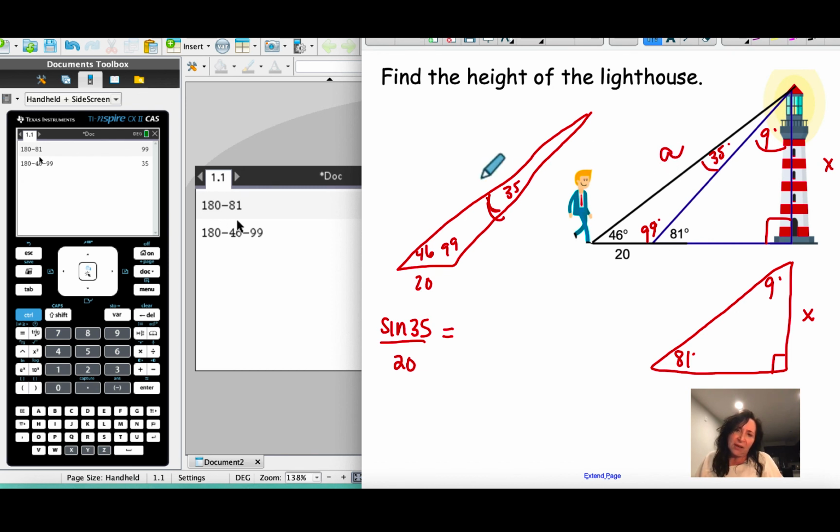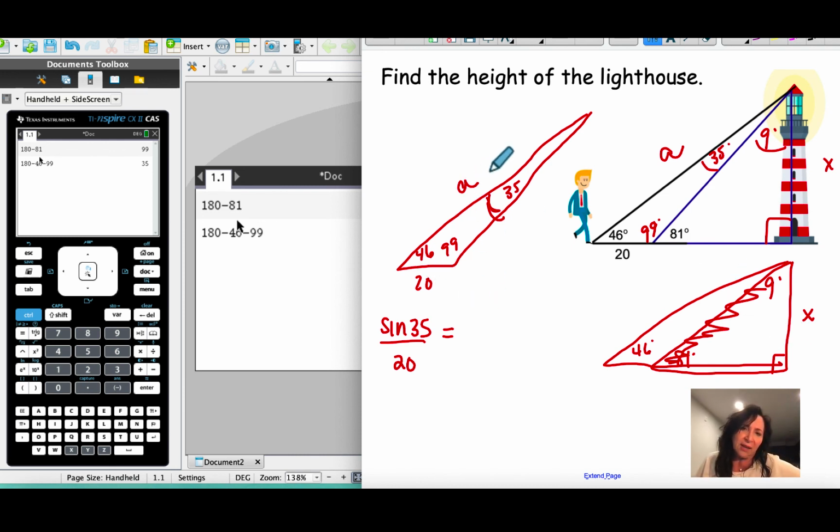I want this side, because if I have that side, then I will have that side. I don't even need this side. I can just use this big triangle right here to find that value. So let's find little a, and we're going to actually use 46 degrees instead of this big triangle. I like that better.